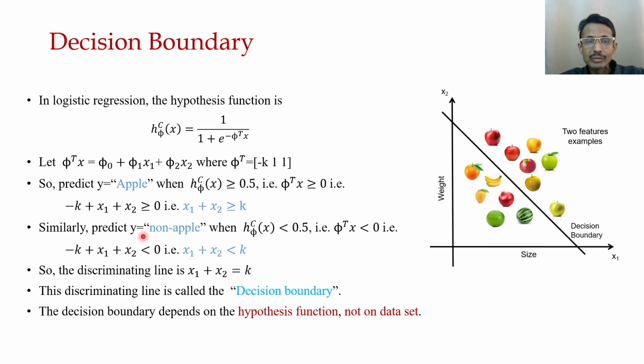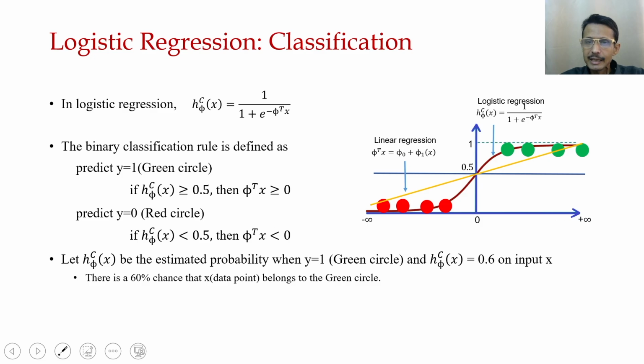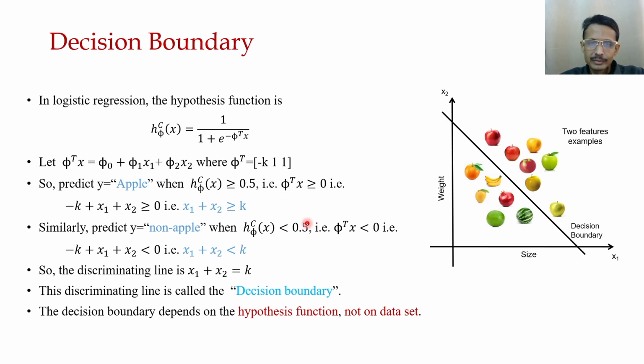When we have to predict y equal to non-apple, it is the reverse case, so the hypothesis function should be less than 0.5, as we see here at 0.5, so it is red. Now it's a non-apple here. So phi transpose x is less than 0, which means minus k plus x1 plus x2 is less than or equal to 0, which essentially means x1 plus x2 is less than k.